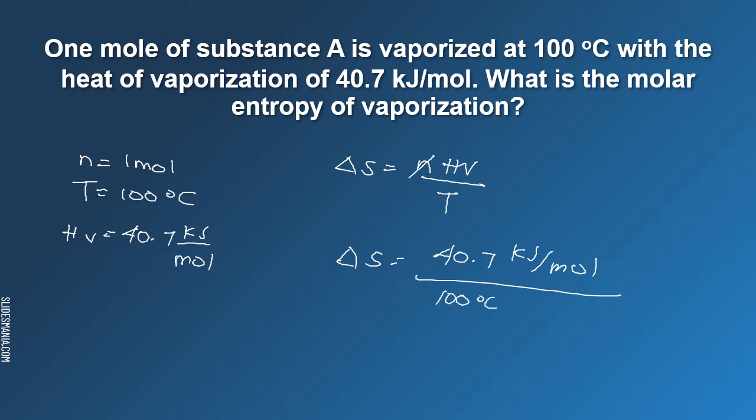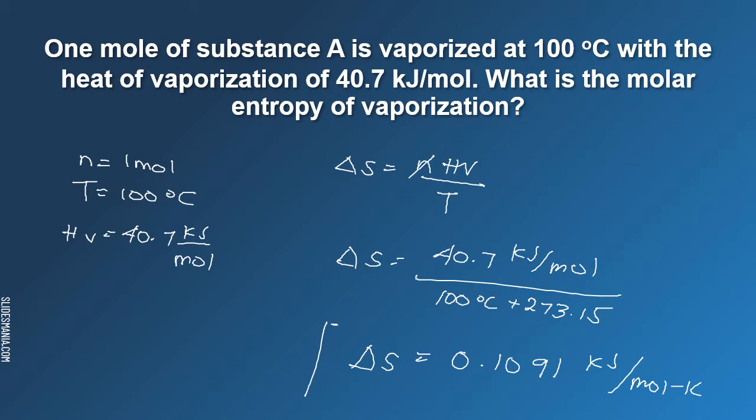But let's convert this to Kelvin. So let's add 273.15. What will be our delta S? Delta S is 0.1091 kilojoules per mole Kelvin. Did you get this value?